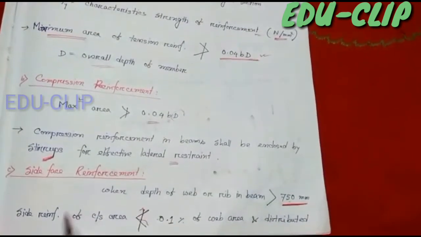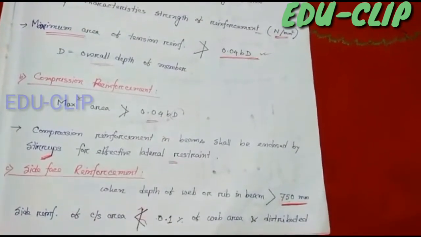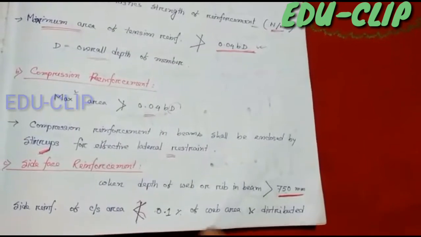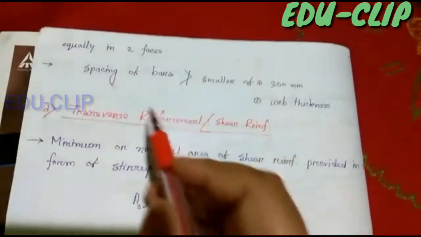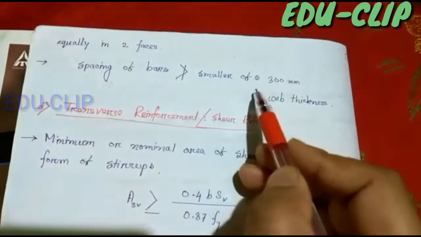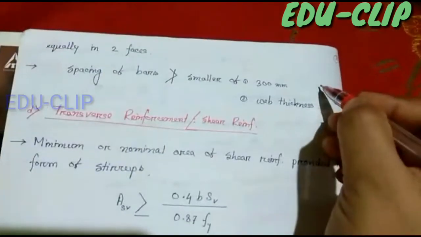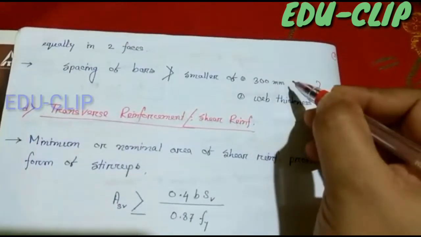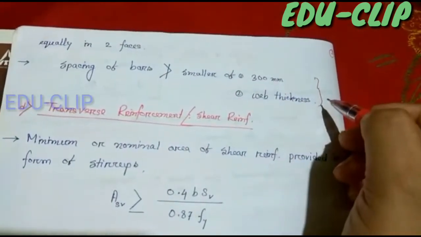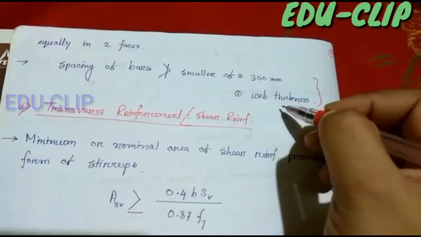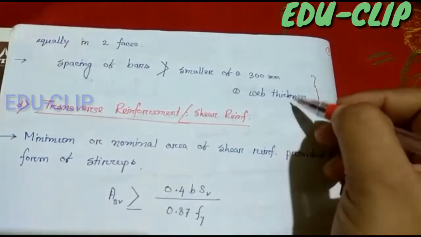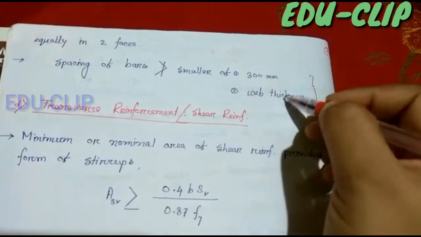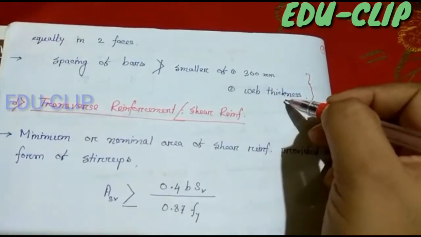This side reinforcement is provided equally on both sides of the beam. And the spacing of the bars shall not exceed the smaller of two values, that means 300 mm and web thickness, whichever is less.